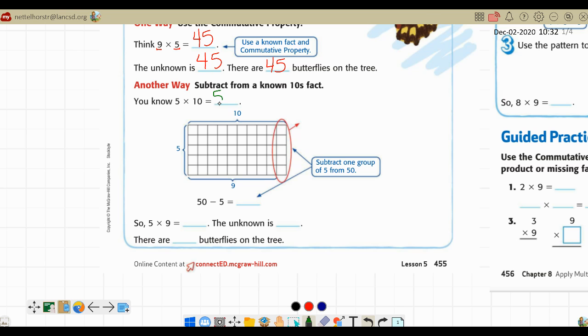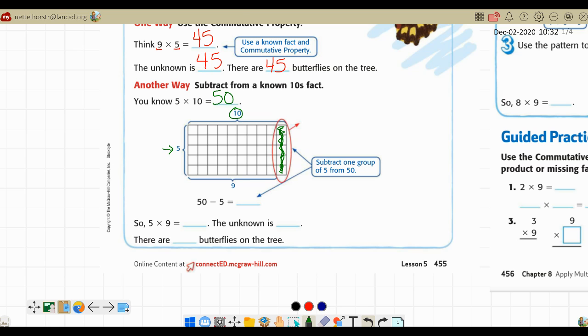Okay, so I know what 5 times 10 is. I know that it's 50. So if I look here at this array, there are 5 rows with 10 in each row. If I take out this one right here and don't count it, now I have 5 times 9.